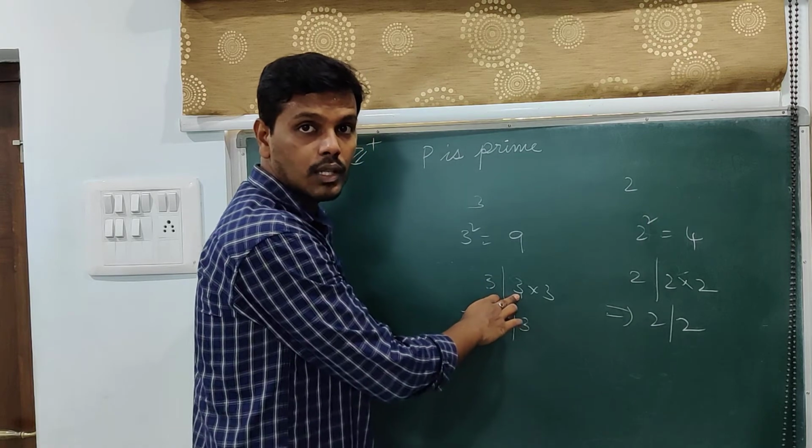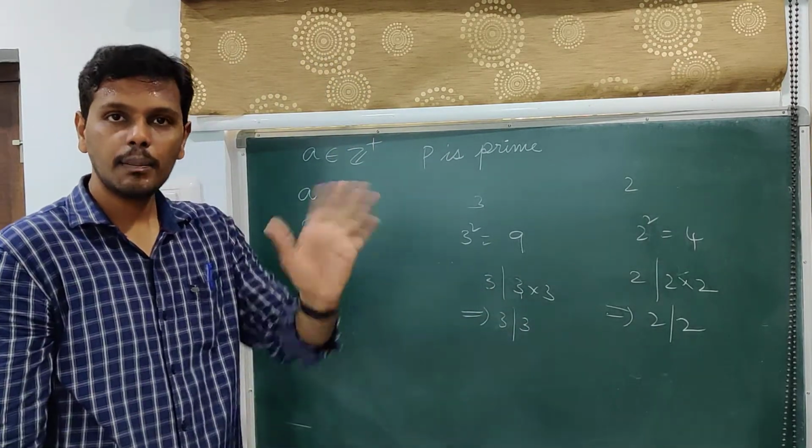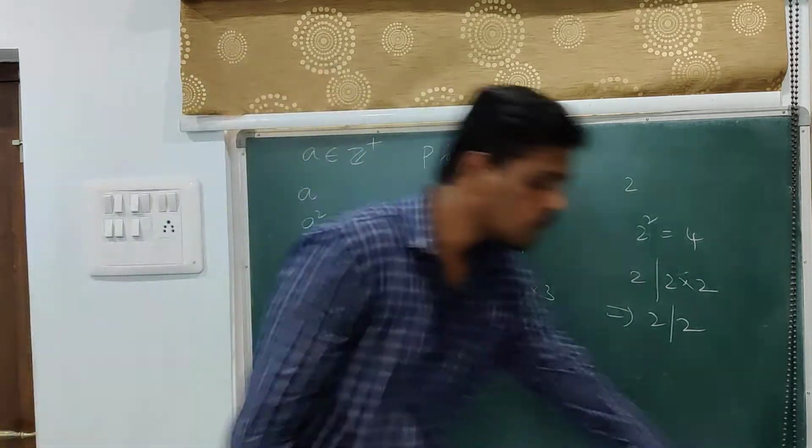That is, whenever A is a prime number, A and P become equal. That is what you can conclude.